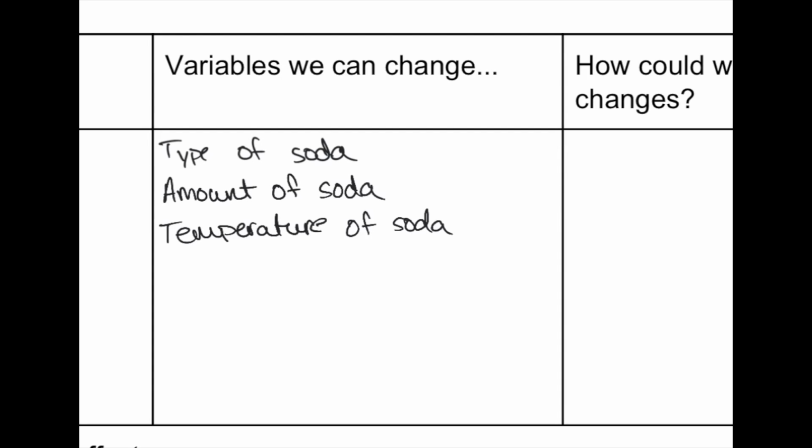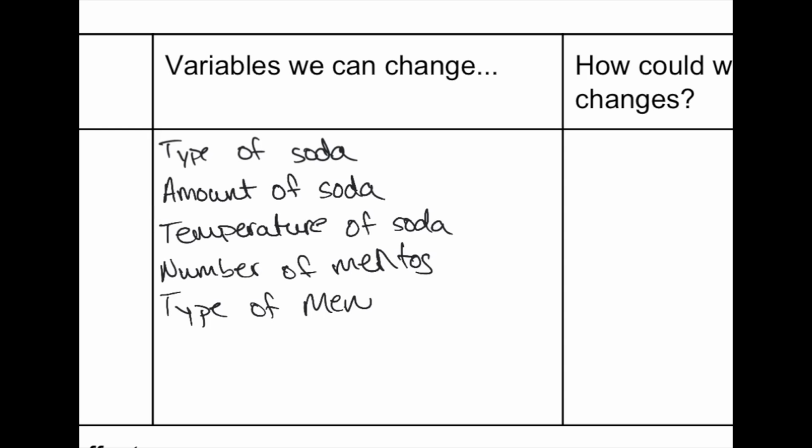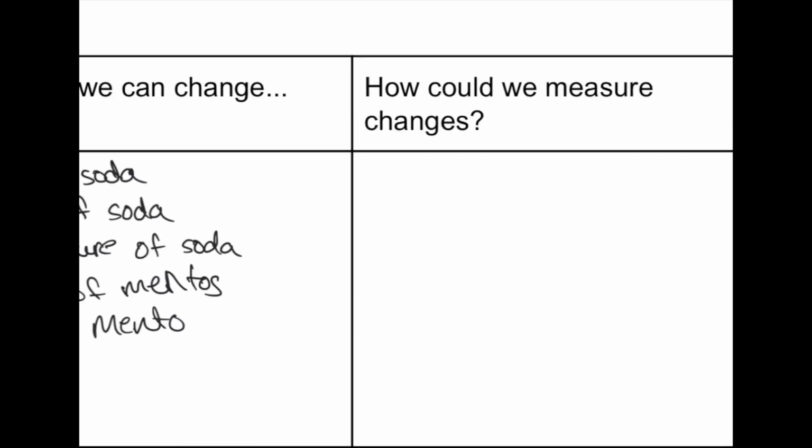We could change the number of Mentos. We could also change the type of Mento. Okay, and this list is infinite, right? So I've just listed 5 different things that we could change in this particular investigation.